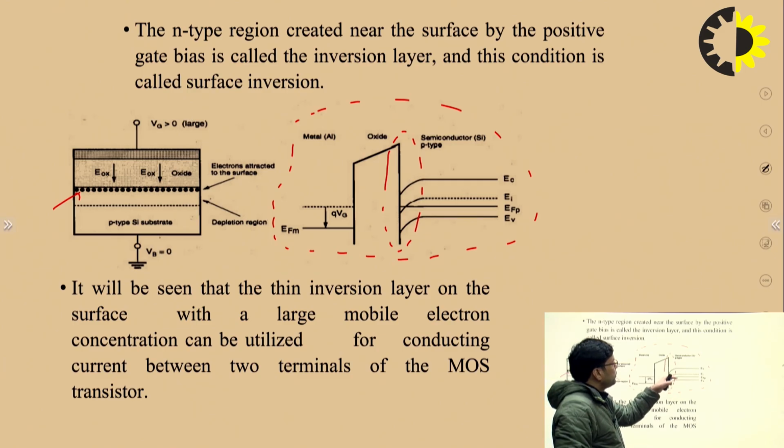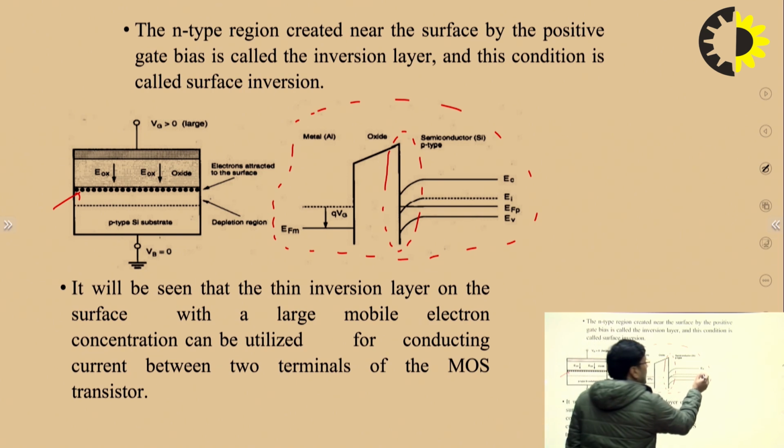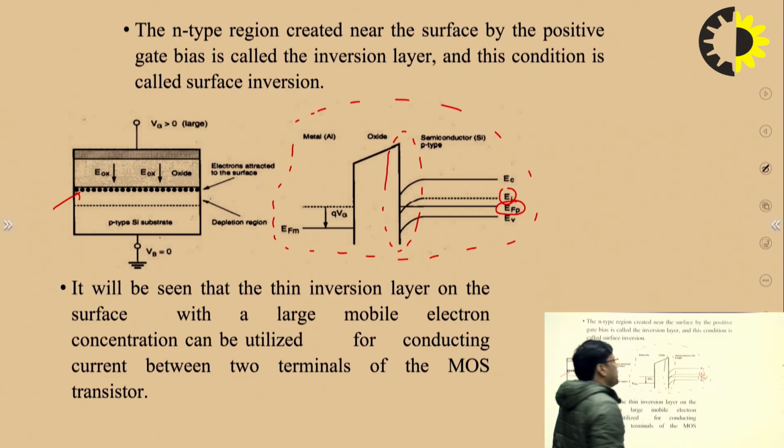There is more bending at this interface, and you can see this intrinsic Fermi level is getting shifted more compared to the previous one, and it is crossing the Fermi level of the p-type semiconductor.